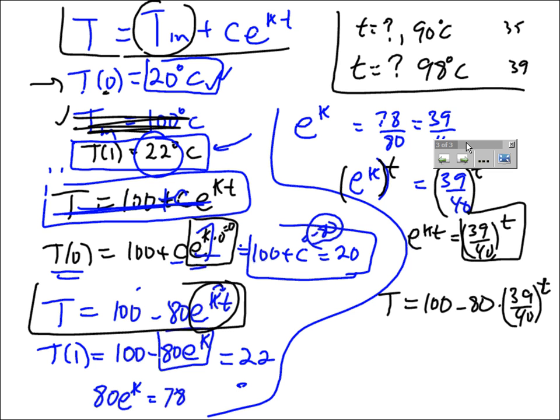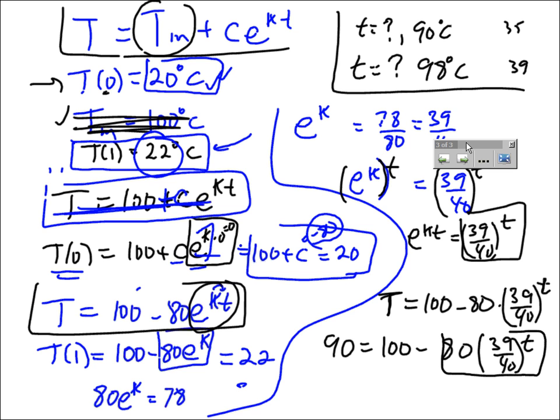At what time will the temperature be 90 degrees? So instead of capital T, I put 90. 90 is equal to 100 minus an unknown, but this term is quickly known. It's 10. 100 minus 10 is 90. So 80 times 39 over 40 to the t must be 10.